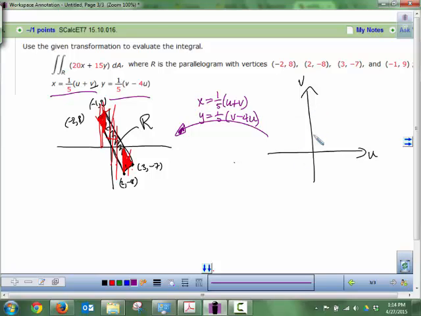Let's try to figure out what happens to our points. What we want to do is know where these points came from. I'm just going to state this as a fact, and you guys should just believe me. This x-y relationship with u and v is a linear relationship.